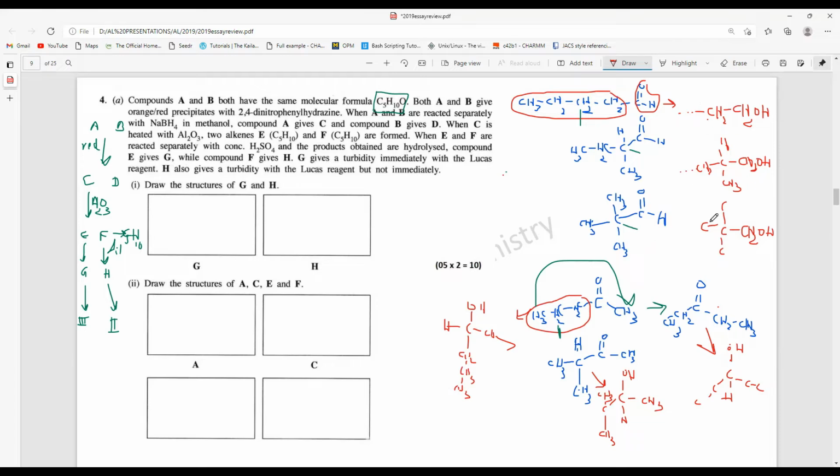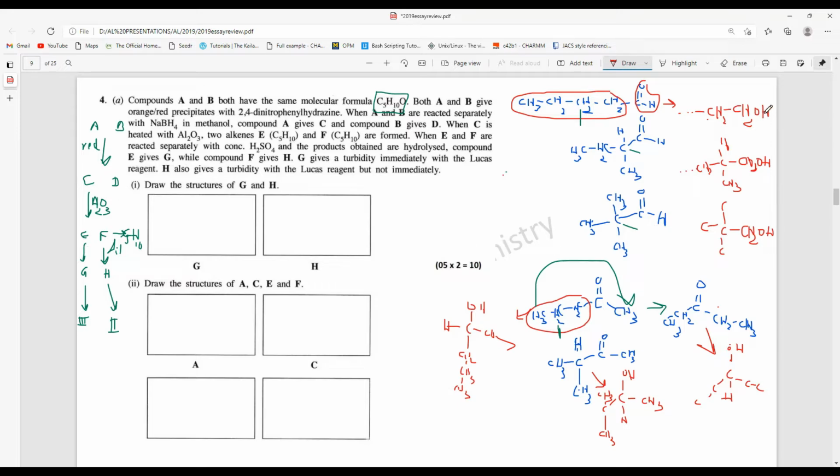So these are the compounds that you can get when you add sodium borohydride. Then it says you can heat it again with Al2O3. So when you heat this C, it would form E, and D would form F.